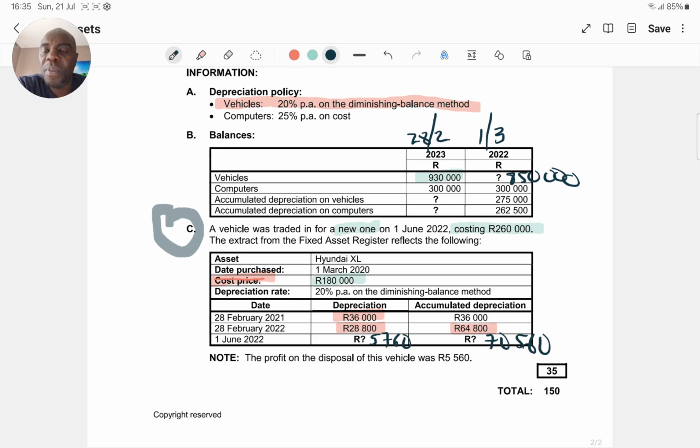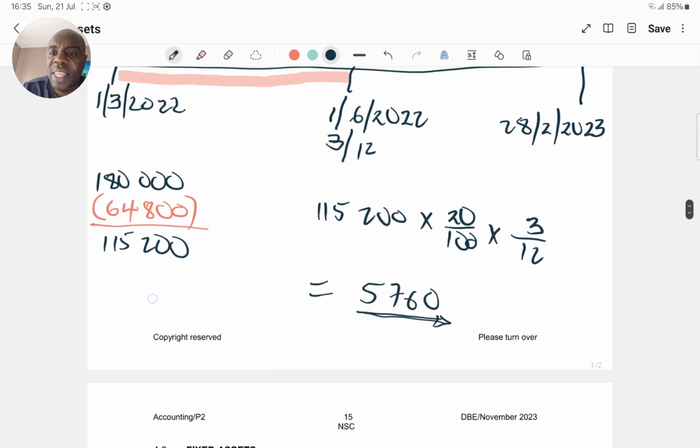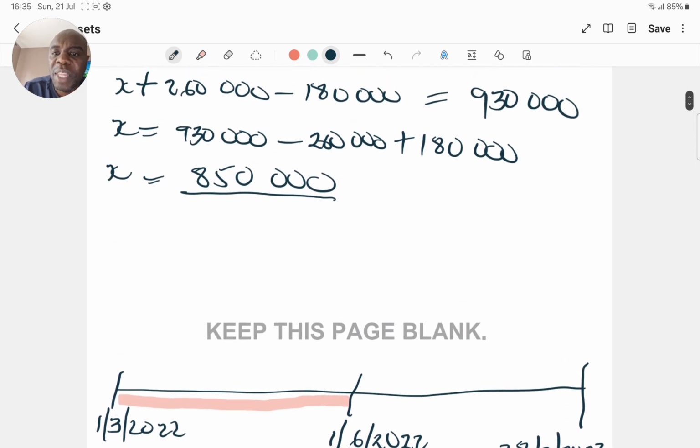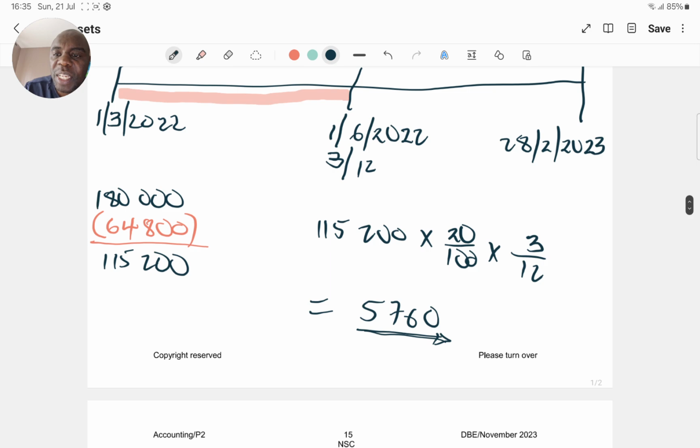What is it that we are trying to do? We are trying to figure out that on the day that the asset was sold, what was its intrinsic value, what was its book value. So we are going to say, okay, this asset, we bought it for 180,000.